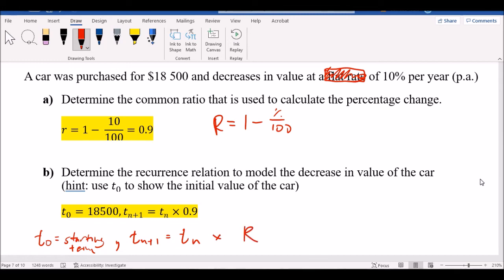Now the answer's already up here. So T0 is 18,500. If you read the question, it tells you there. And we already have our common ratio, which is 0.9, which we calculated here. Okay, so that's where we got our numbers.